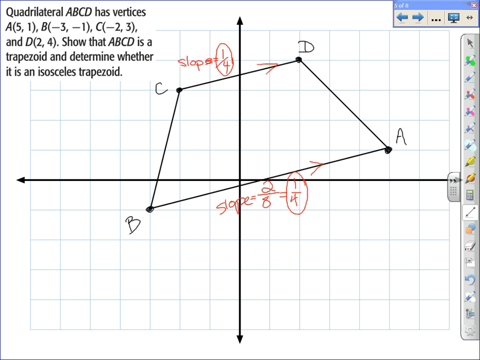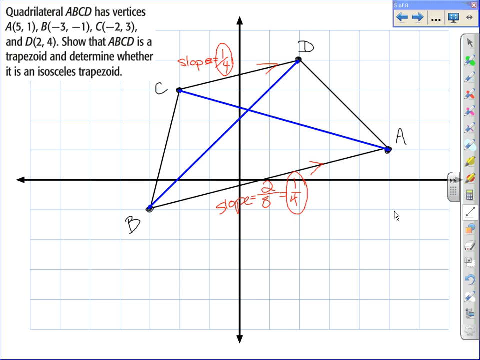Okay, now if I want to see if it's an isosceles trapezoid, I need to check its diagonals. So I want to check the distance from B to D and the distance from A to C. Now, the distance formula when I have it graphed is easy.